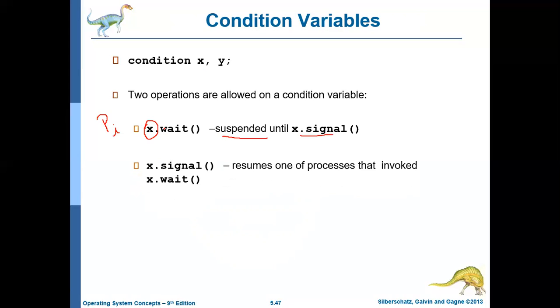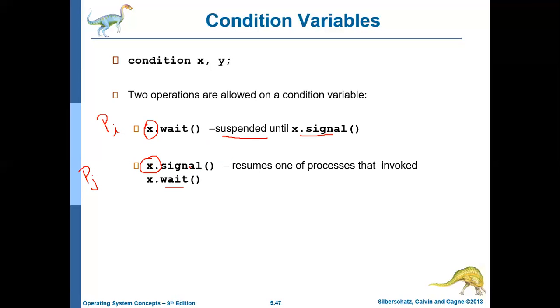Similarly, signal resumes one of the processes that previously invoked wait. If Pi invokes wait on x, Pi is suspended. And if Pj, after say 50 or 100 milliseconds, calls signal on x, then Pi will be invoked again.